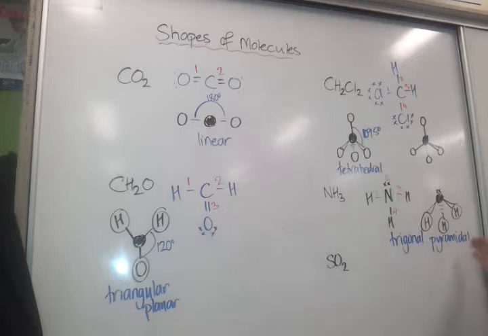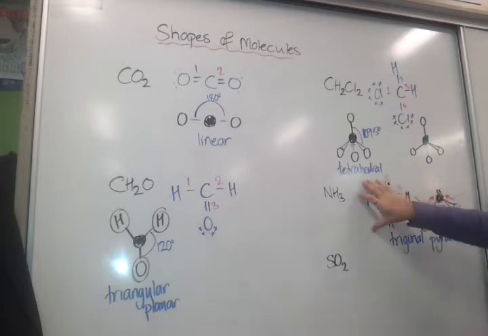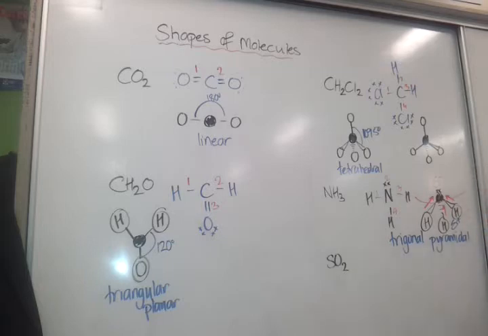Now this is also going to be a polar molecule because the nitrogen-hydrogen bonds are polar, so there is a pull towards the nitrogen on every set of bonding electrons, which will therefore make this side of the molecule delta minus, and the bottom of the molecule, as well as the hydrogen side, will be delta plus. So you can hopefully see how we use Lewis structures and shapes to help work out polarity. But we'll do that in more depth tomorrow.